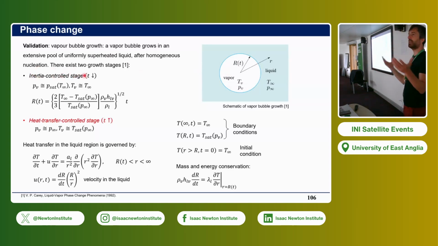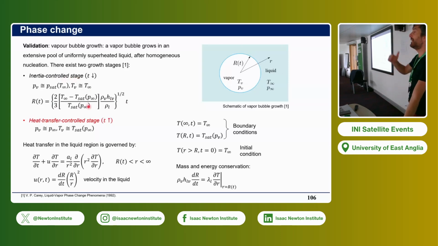For example, in cavitation, at the very initial steps, the bubble grows, and the growth is only limited by the inertia of the fluid that the bubble is trying to displace. There is an analytical solution derived by Rayleigh, which tells you that the bubble will grow as a linear function of time. That's the initial stage of nucleation, called the inertia-controlled stage.